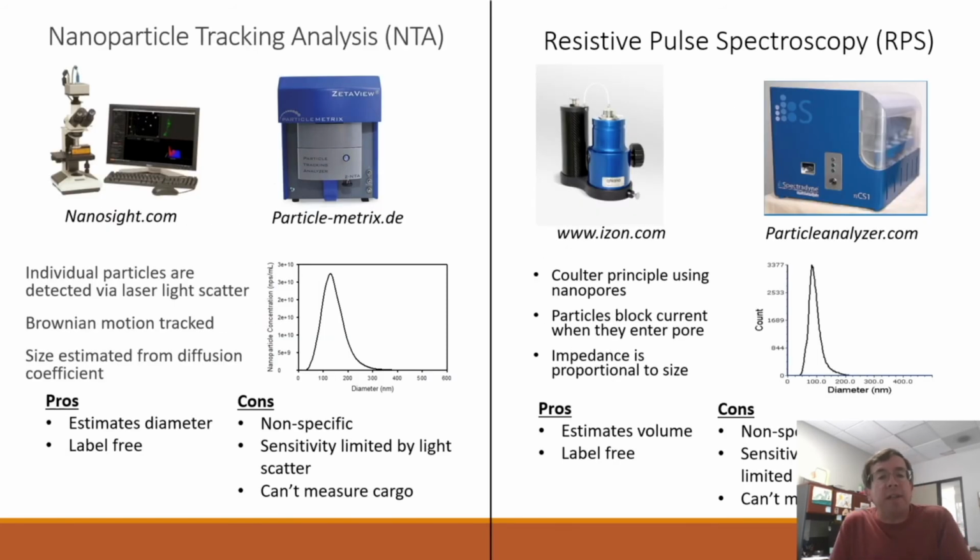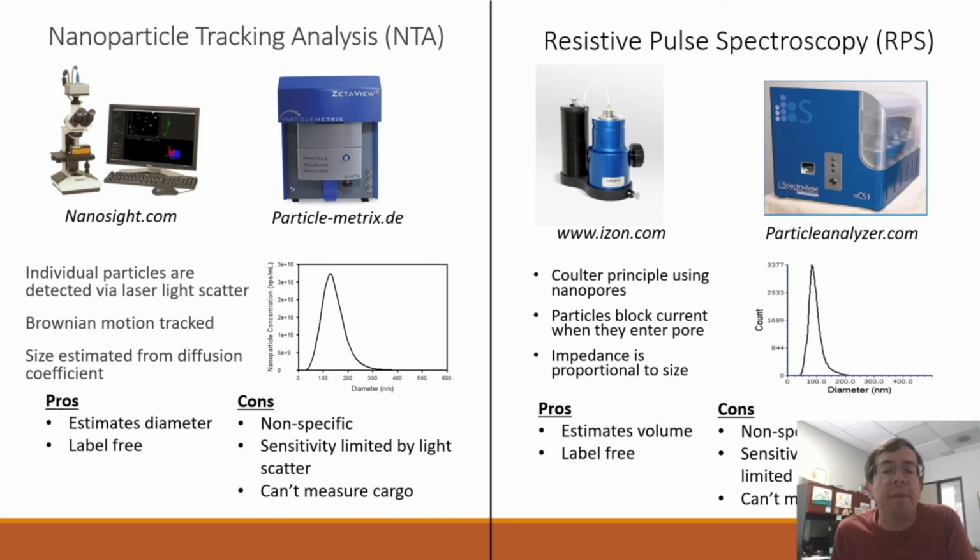A couple words on these orthogonal methods. Nanoparticle tracking analysis and resistive pulse spectroscopy are widely used. They're both useful tools in their context. They both provide label-free estimates of vesicle size, diameter in the case of NTA, volume in the case of RPS. But they're both non-specific. They'll detect any particle.